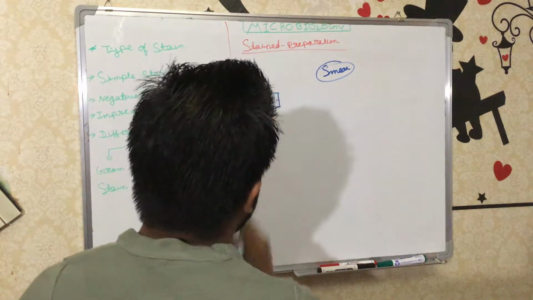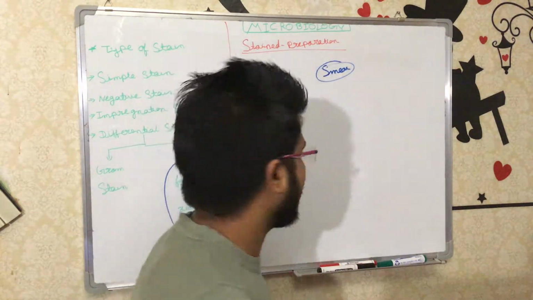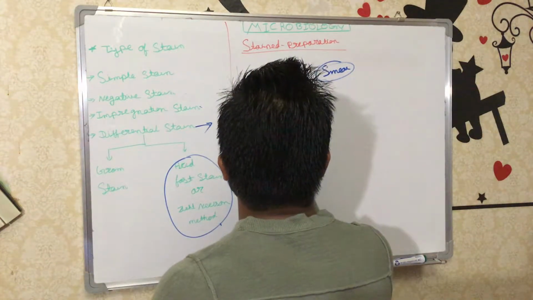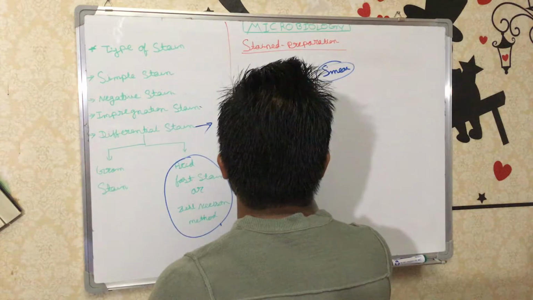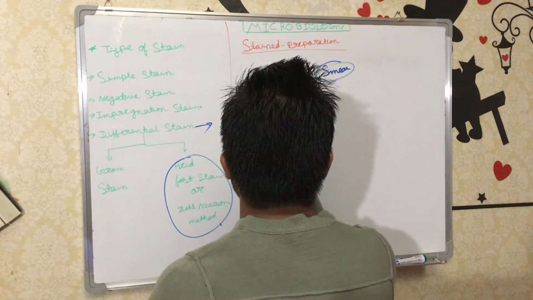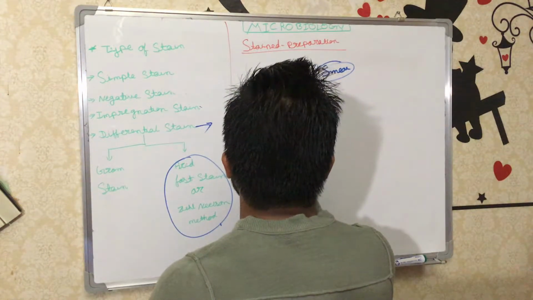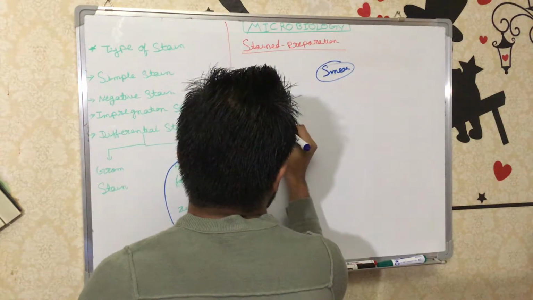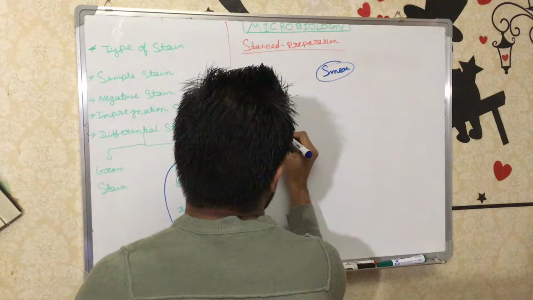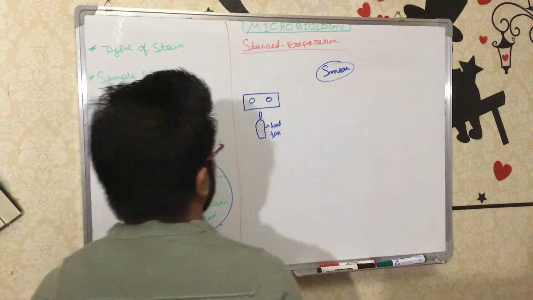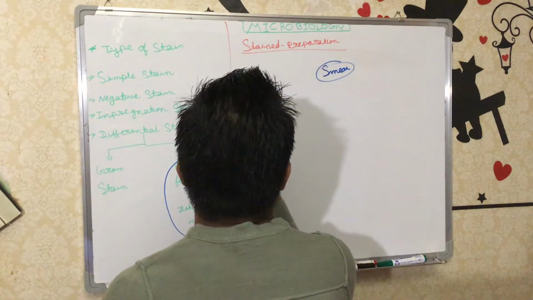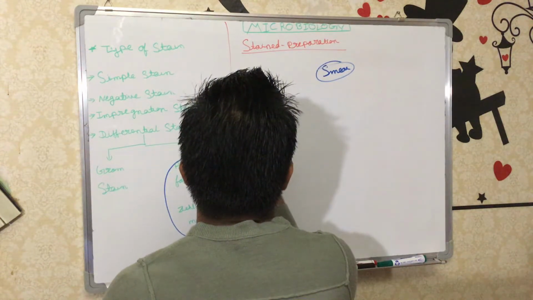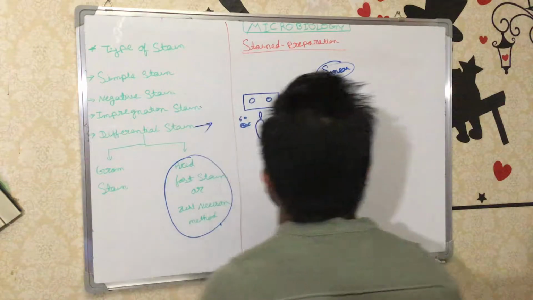So we put bacteria on the slide, then by heat fixation we fix it. For example, this is the candle, and we call it heat fixation, because by heat fixation the bacteria will be fixed. It will be 60 seconds or maybe less.